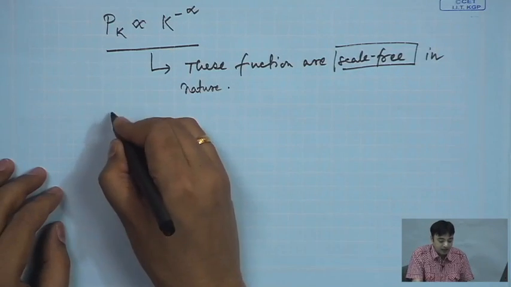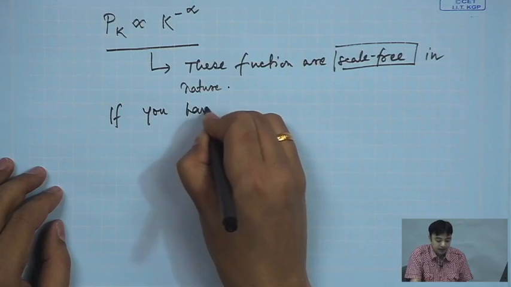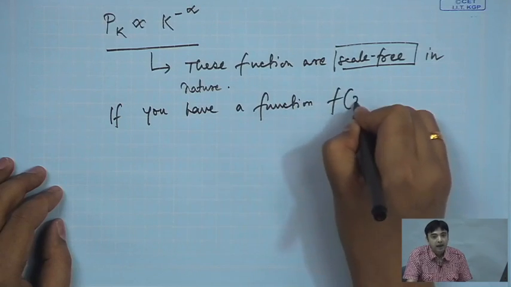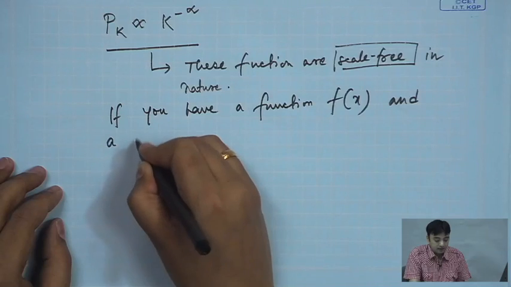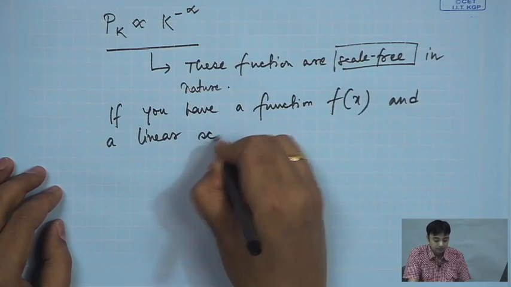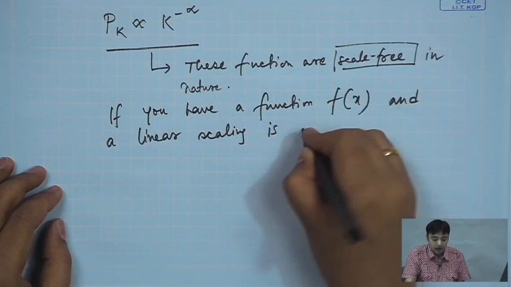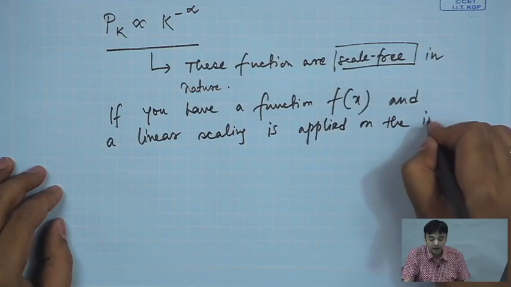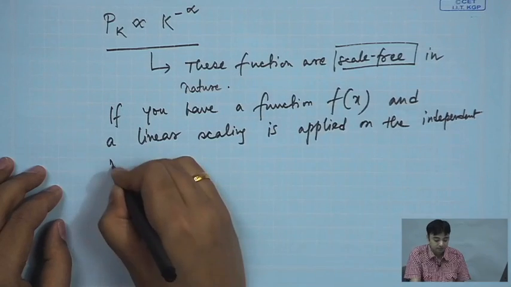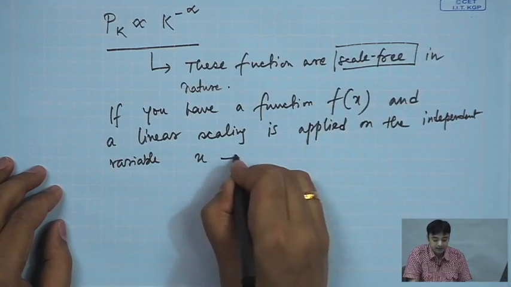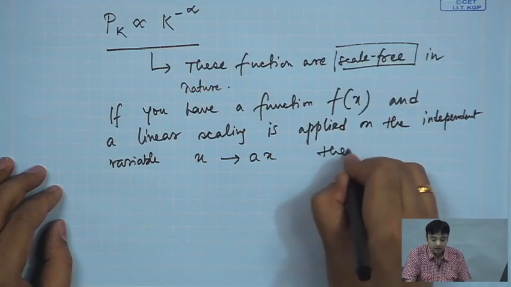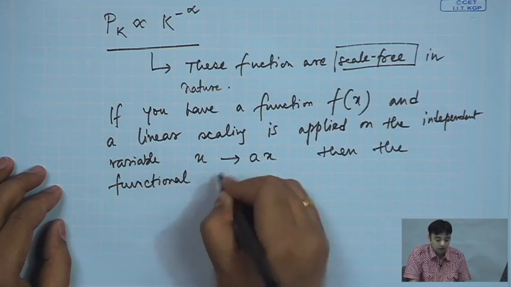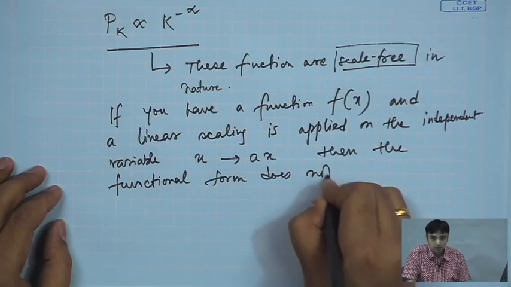Basically, if you have a function, say f x, and a linear scaling is applied on the independent variable, say x is scaled to a x, then the functional form does not get affected.